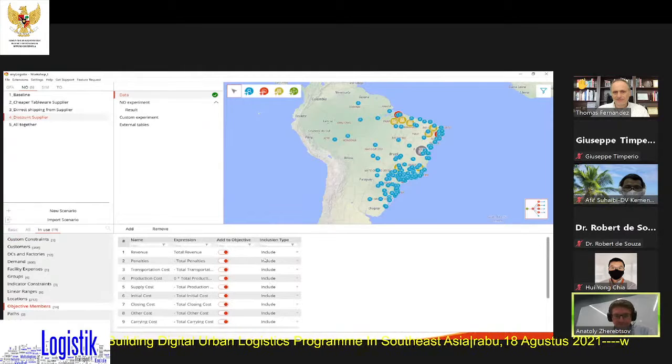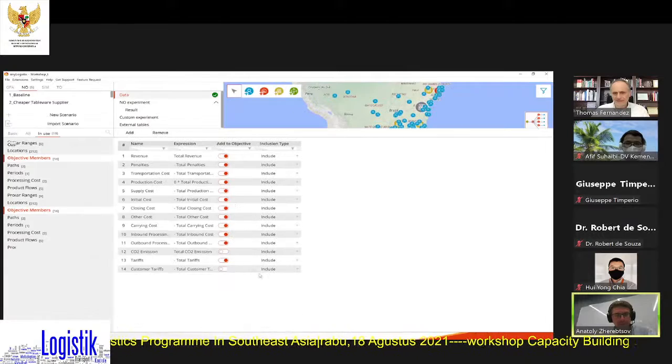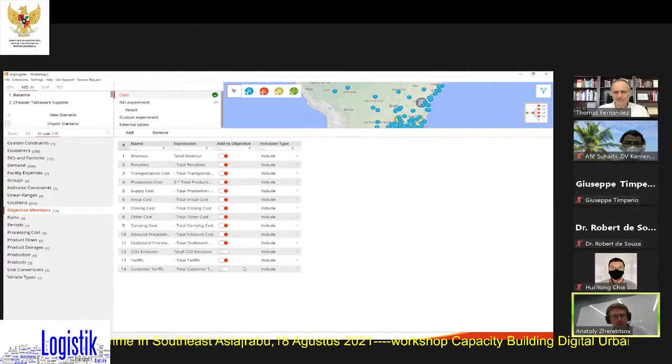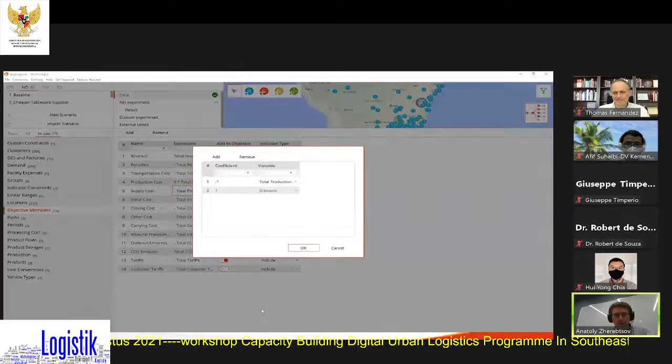Yes, thank you for the question. So, as I already told, the objective function consists of objective members, and by default, it's revenue, like total revenue, minus all the costs that you have. It can be adjusted, so you can switch on and off different objective members, and you can also modify your objective members.